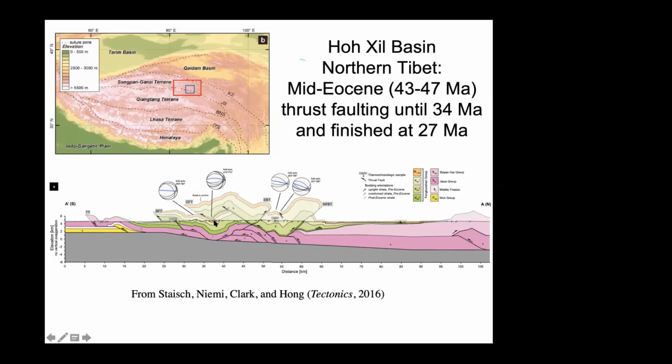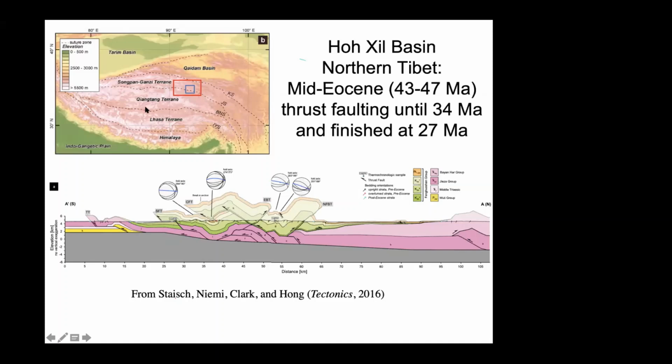They were able to date when slip occurred, and there was thrust faulting in this region between 43 and 47 million years ago, or since that time. It seemed to stop around 34 million years ago, and there's no evidence that it continued past 27 million years ago. So crustal shortening in here, thrusting both southward over thrusting and northward over thrusting.